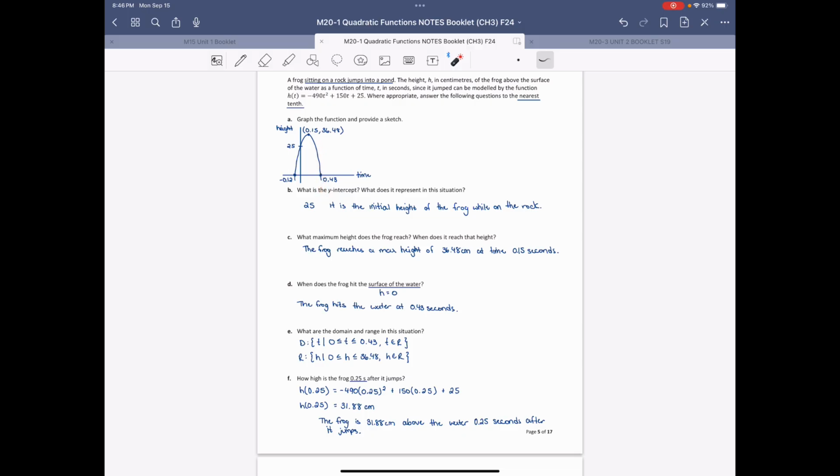It would be slowing down because of the resistance from the water. So it might come down like this and then start going like this, something like that. So that's why we restrict our range to just being related to the frog in the air. This function that we're given is only about the frog jumping in the air. It does not represent the frog sinking in the water.